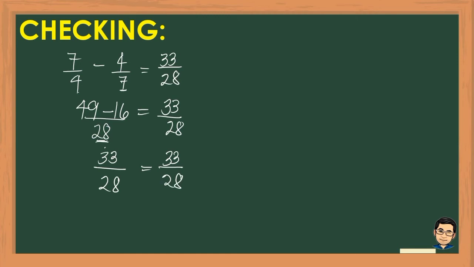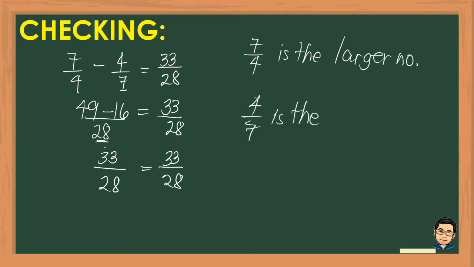So for our conclusion, 7 over 4 is the larger number. And then 4 over 7 is the smaller number.